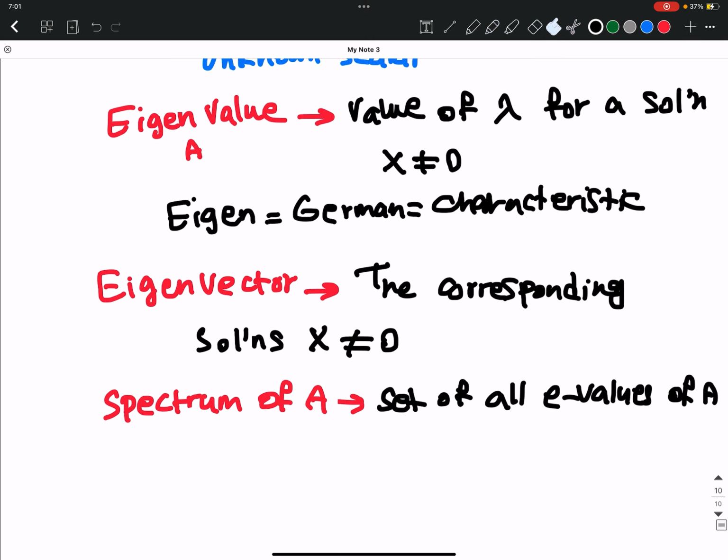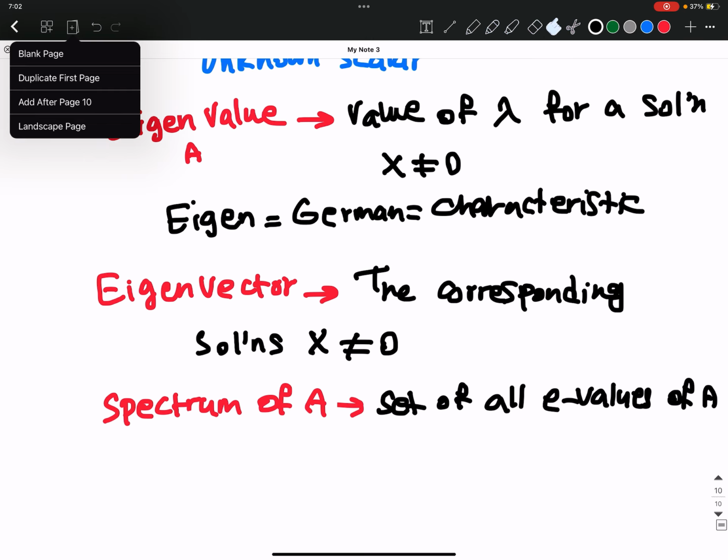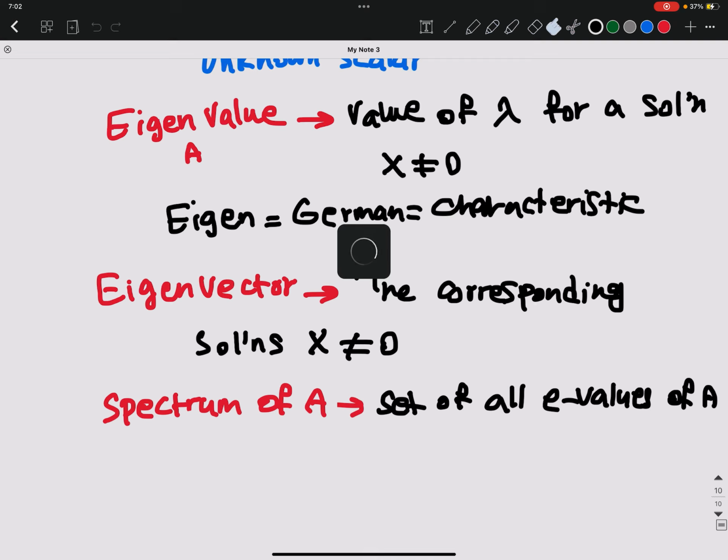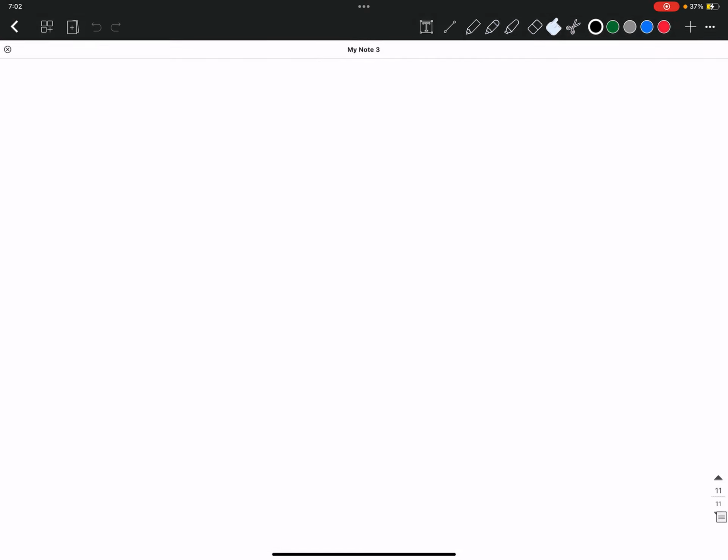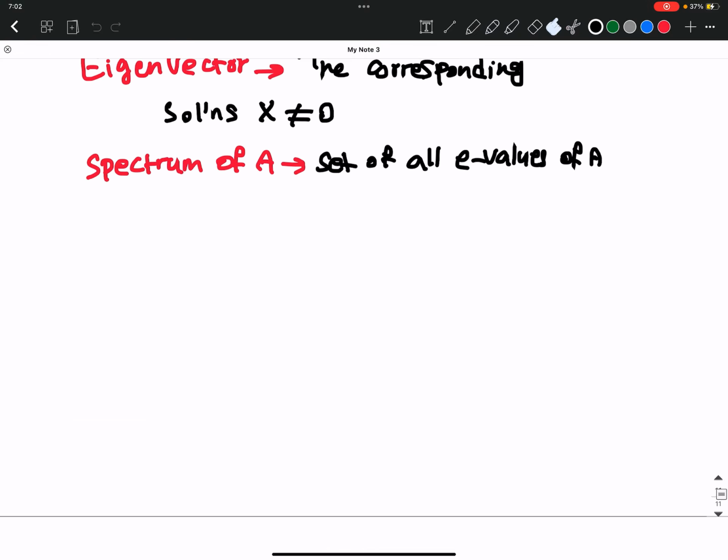Now let's solve one example of that, so we see how we can actually find the eigenvalues of a matrix system.